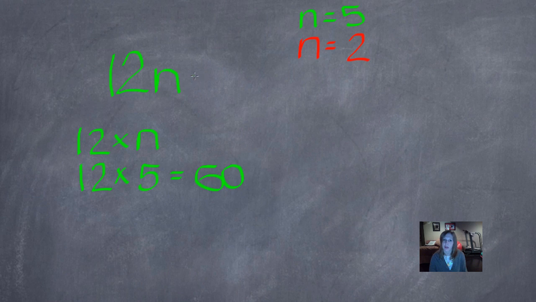So 12n equals 60 in this first problem. When I'm doing the second problem, let's use red this time. 12 times n. n is going to equal 2, so I'll substitute 2 for that n. And 12 times 2 is 24. So when we evaluate it, our answer is 24. That's how we got 60 and 24.